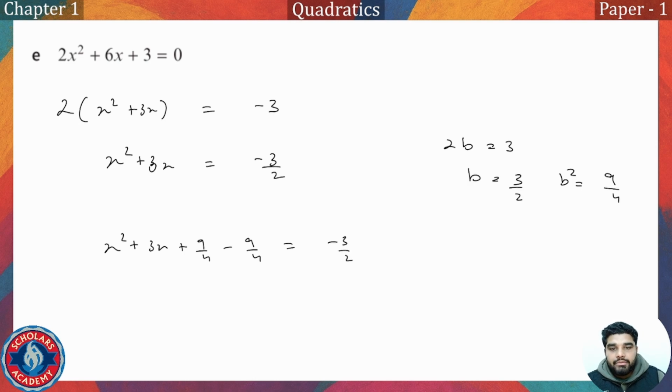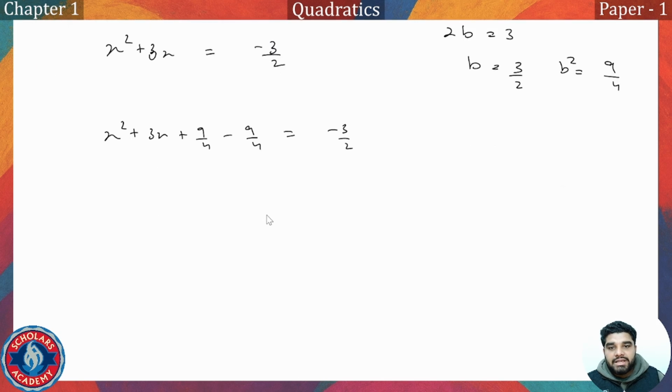Now we are getting this value. We'll complete this square term. So we get a plus b whole square. So a is x and b is 3 by 2, whole square, and we'll take negative 9 by 4 to the other side.